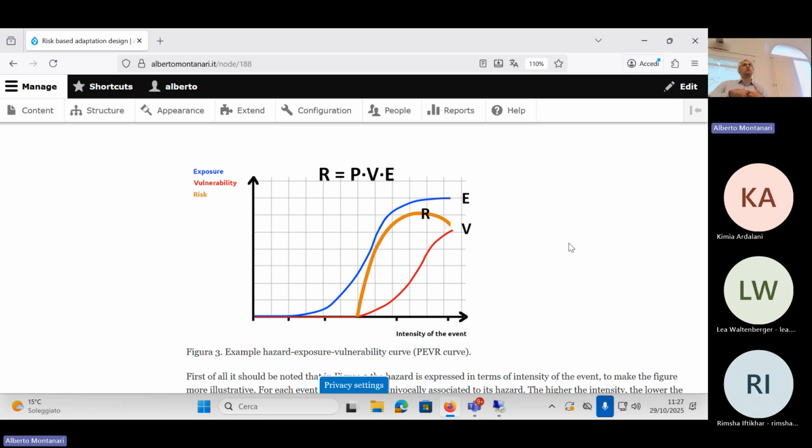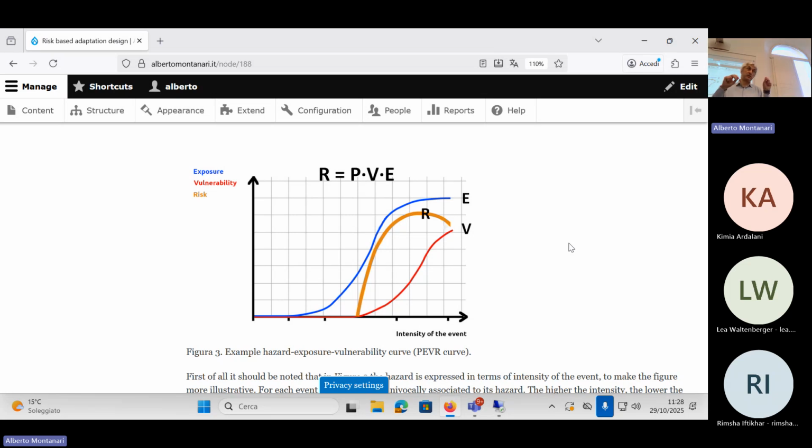Okay, so vulnerability is to be estimated by looking at the state of the system. So for an earthquake, for instance, are buildings earthquake proof or not? This is a fundamental, key question. And same for exposure, it has to be estimated by analyzing the system and the expected system behavior in the future, like what would be in 30 years the value of the goods exposed to the event after evolution, after increasing, for instance, population.